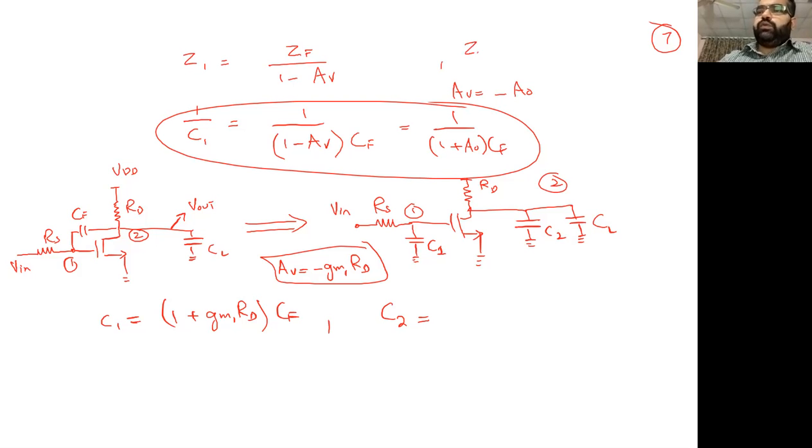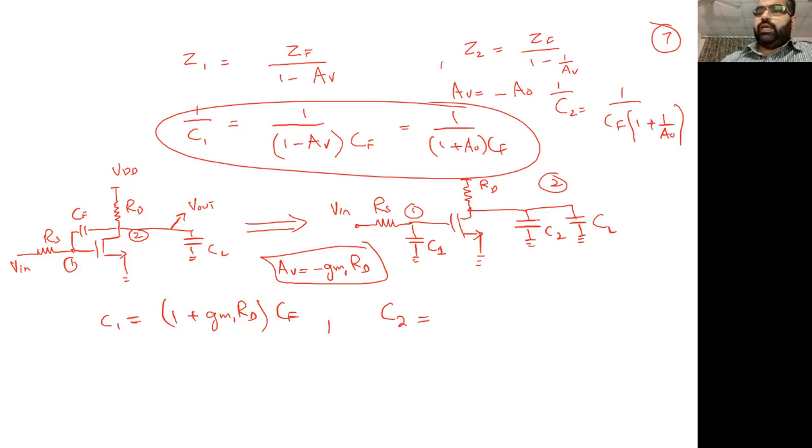So Z2 was equal to ZF divided by 1 minus 1 over AV. If you want to write this in capacitance, 1 over C2 will be equal to 1 over CF times 1 plus 1 over A naught.